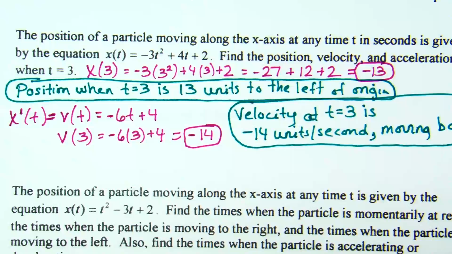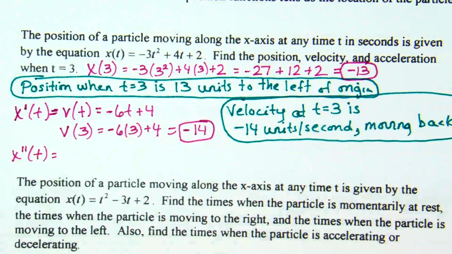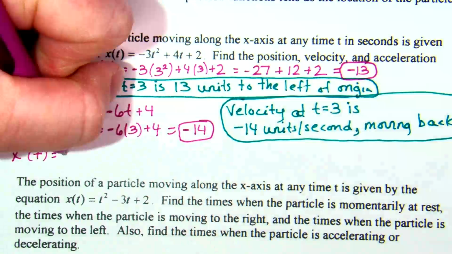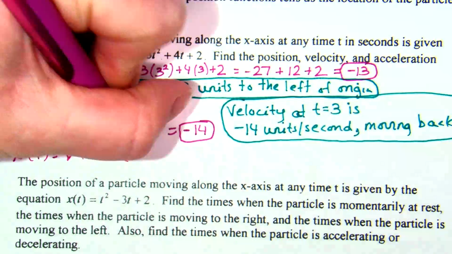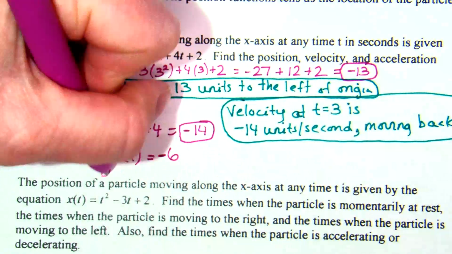Okay, and did you guys already do acceleration? Acceleration officially is the derivative of velocity, or the second derivative of position, so x double prime of t, or v prime of t, or just a of t. What is that derivative? Negative 6. So what is the acceleration when I plug in 3?